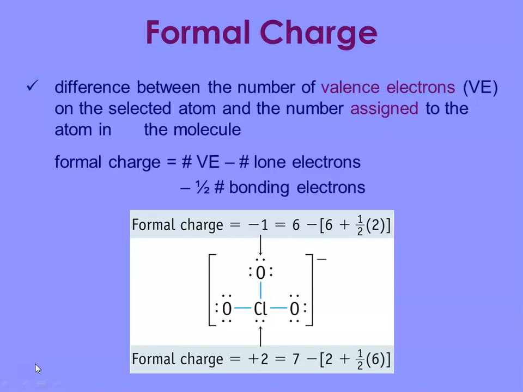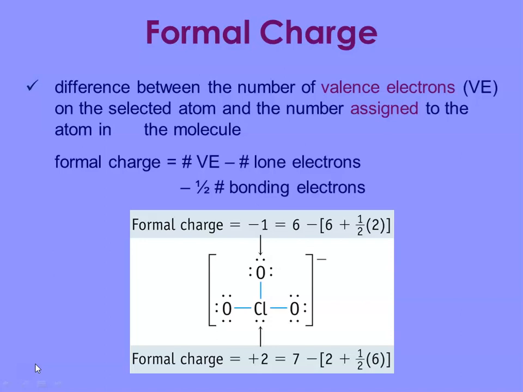So formal charge is equal to the difference between the number of valence electrons and the number of lone electrons and half of the bonding electrons assigned to an atom making up that molecular ion. So each of the oxygens here in ClO3 minus has 3 lone electron pairs and 1 bond to chlorine.